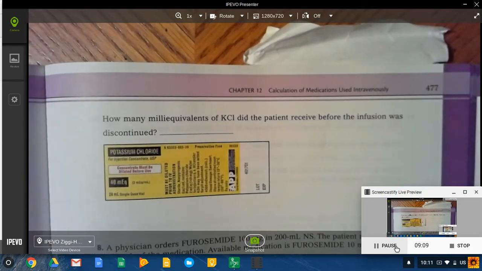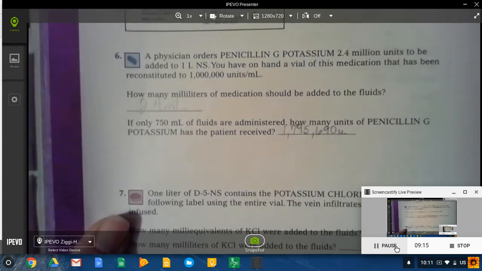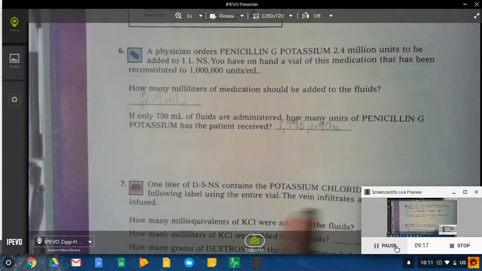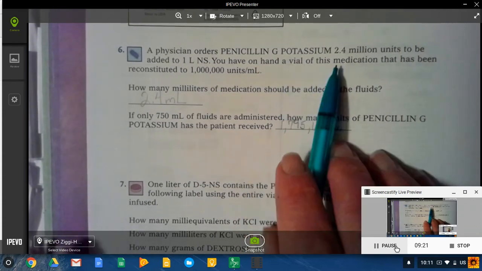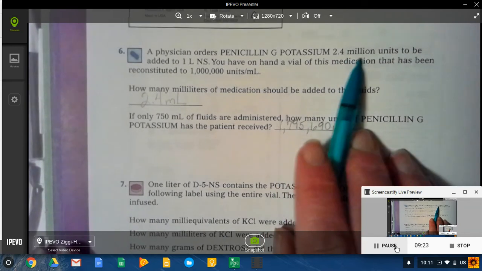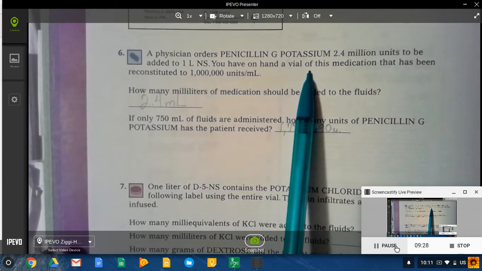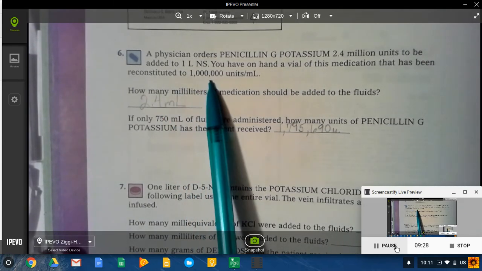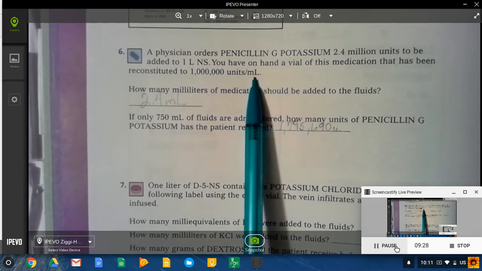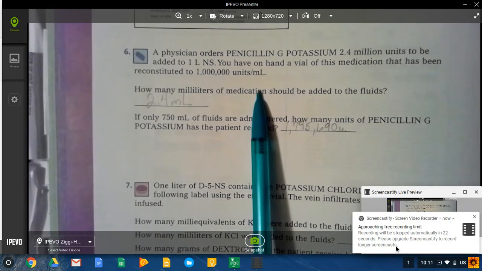Let's see here. How about number 6? Let's check out number 6 here. The physician orders penicillin G potassium 2.4 million units to be added to 1 liter of normal saline. So you have on hand, okay, it's already been reconstituted once.